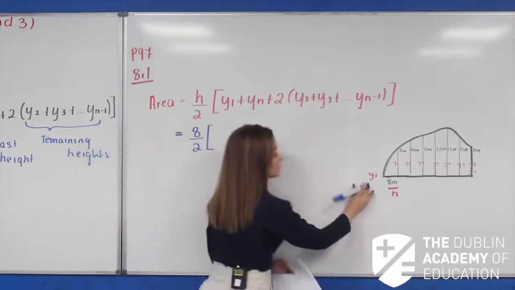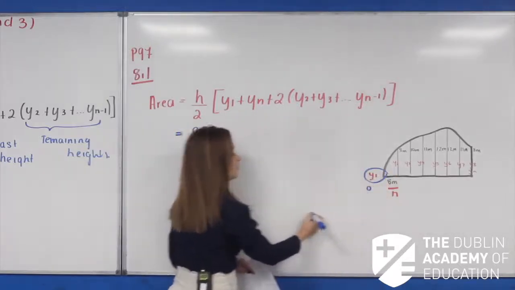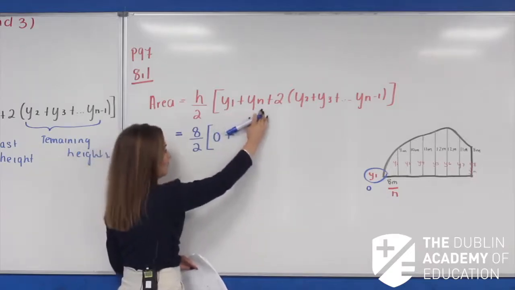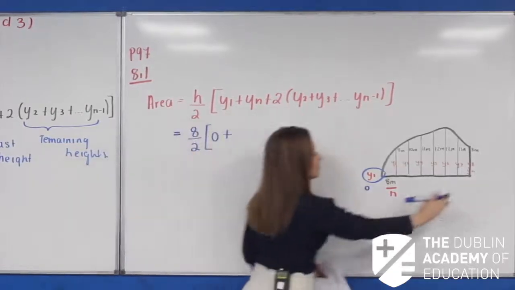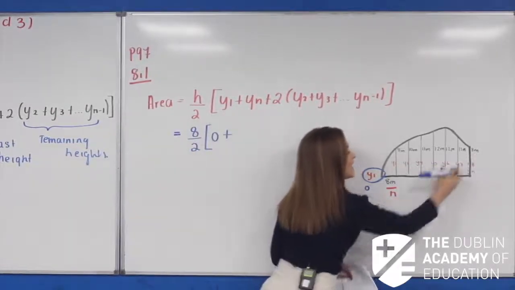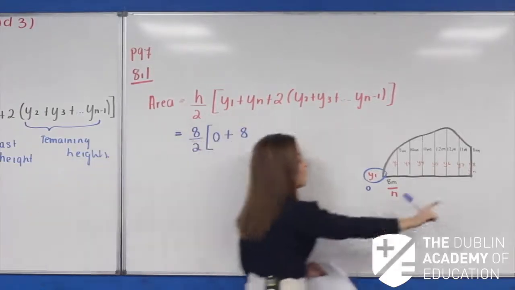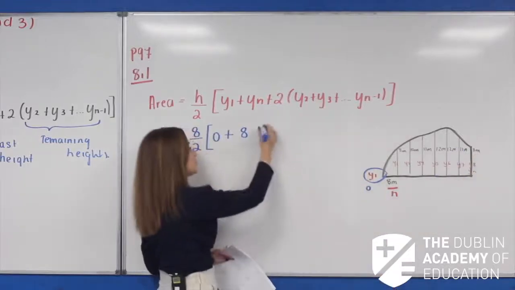Y1, we said, and maybe mark it in for yourself, is 0. Plus y n, which remember is my last term. Here it's y8, is 8, so 8 meters. So remember, that's not because it's y8, it's because the height there is 8 meters.